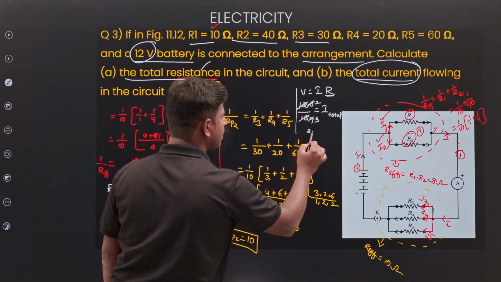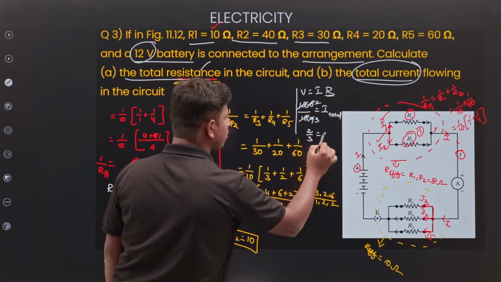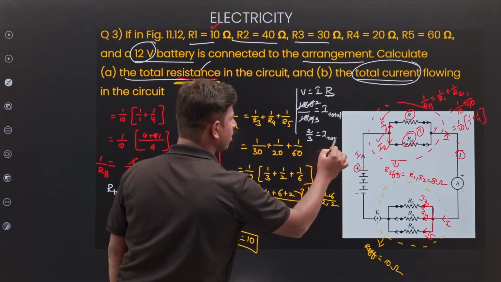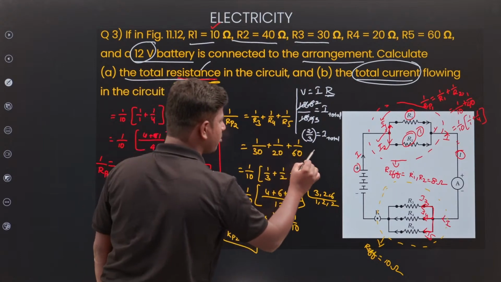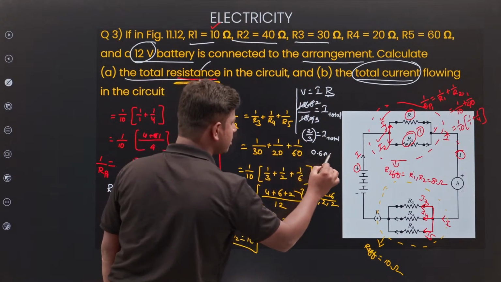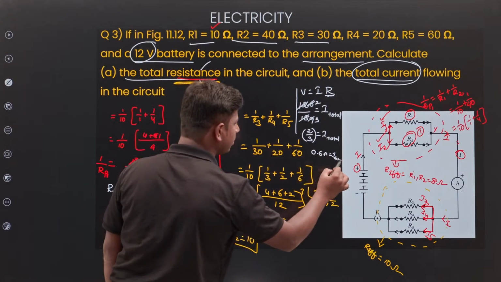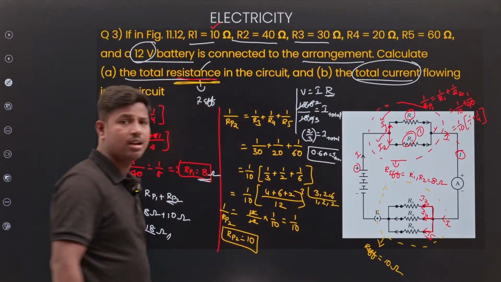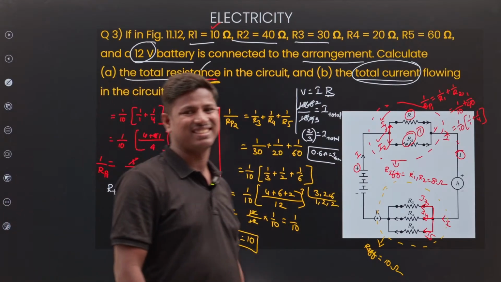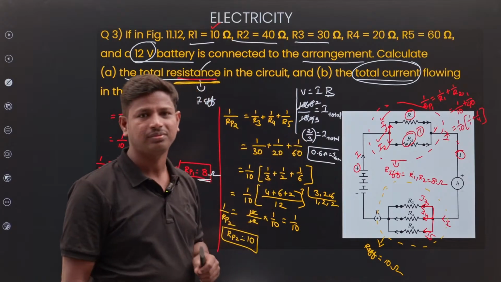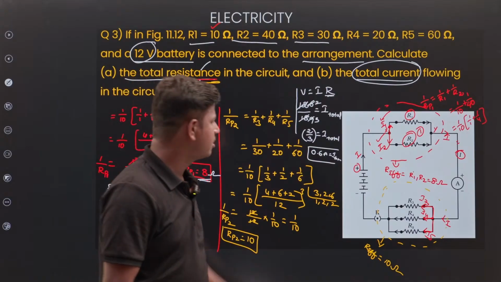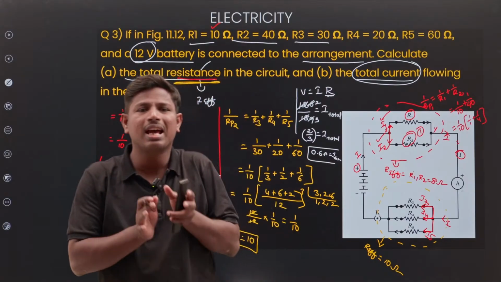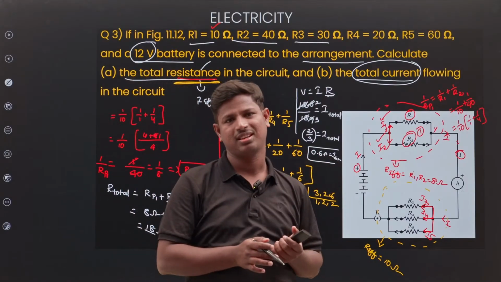So 2 by 3 is the total current. If you calculate 2 by 3, 0.6 something will come, 0.6 ampere. That is the I total. The total current present in the circuit is 0.6 ampere. Clear?